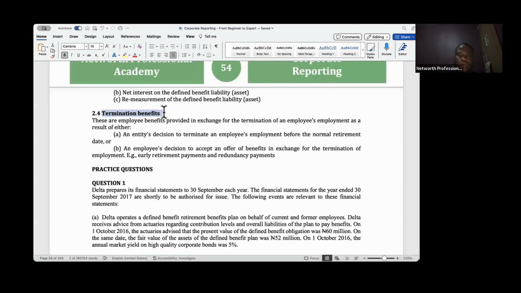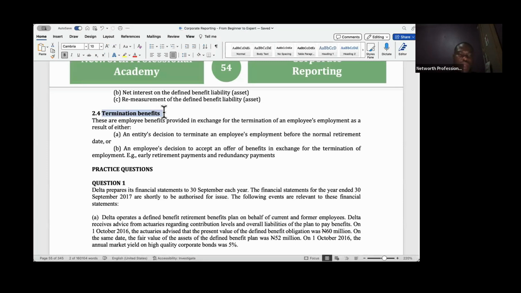And the last one is termination benefit. Termination benefit is just when an employee says he wants to leave, like before retirement. So that one is straightforward. If they want to give him something, they will give him. If it's the employee that will have to drop something in lieu of notice, that means there will be a reduction in staff cost.